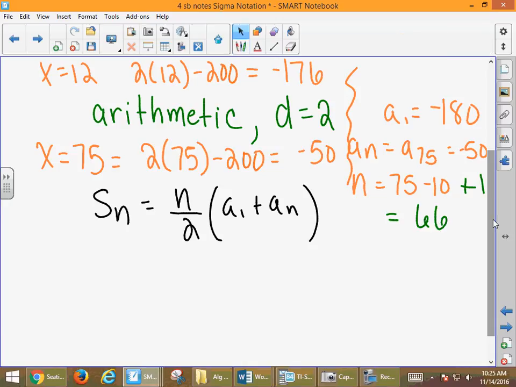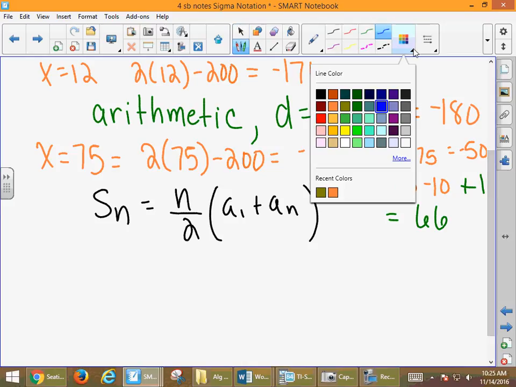And now that we have all that information, we can figure out our sum.